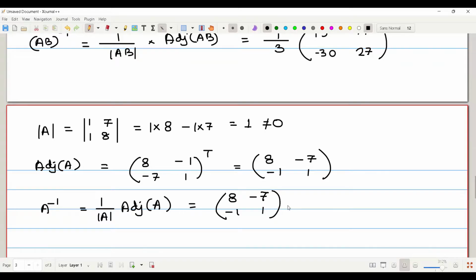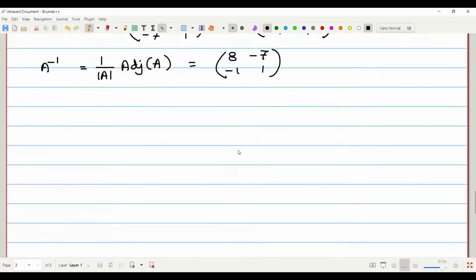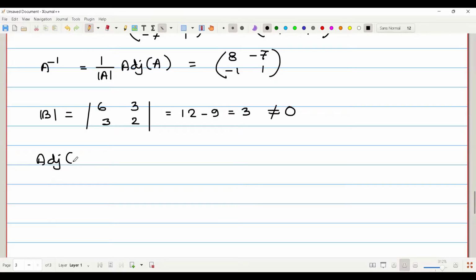Next we have to find out the B inverse also. So B is equal to now 6, 3, 3, 2. So determinant of B is equal to 6, 3, 3, 2, and that one is equal to 12 minus 9 or 3, that is not equal to 0. So finding the adjoint of B, then that is 2 minus 3 minus 3 and 6 transpose.